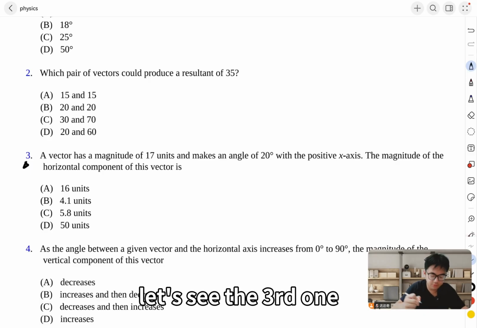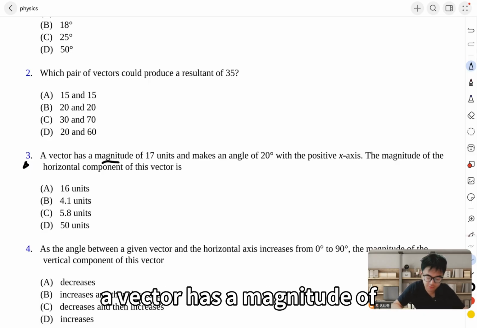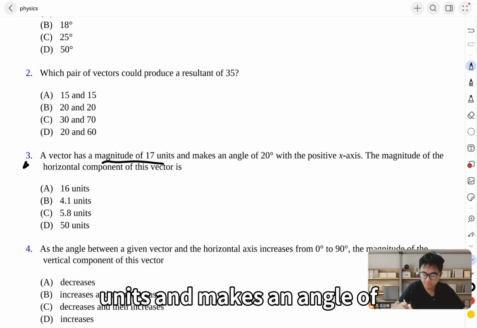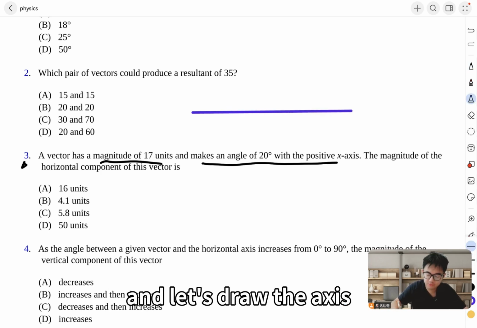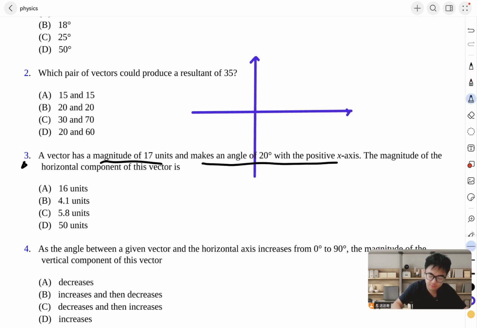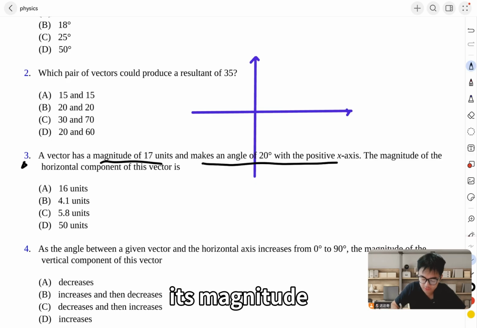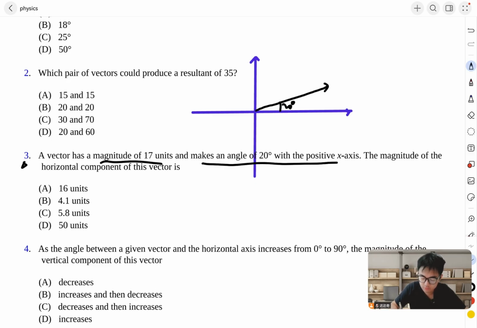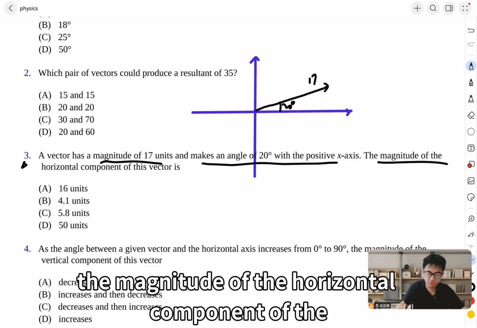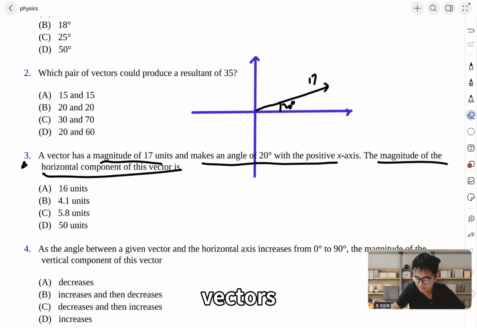Let's see the third one. A vector has a magnitude of 17 units and makes an angle of 20 degrees with the positive x-axis. And let's draw the axis. So its magnitude is 17 at the angle of 20. The magnitude of the horizontal component of the vector is.